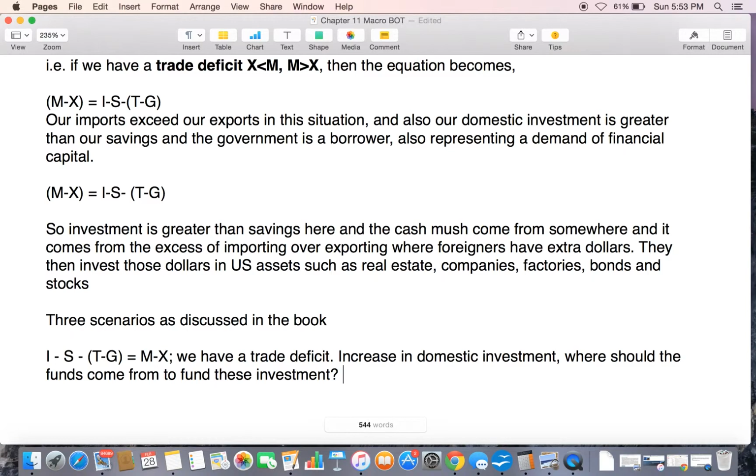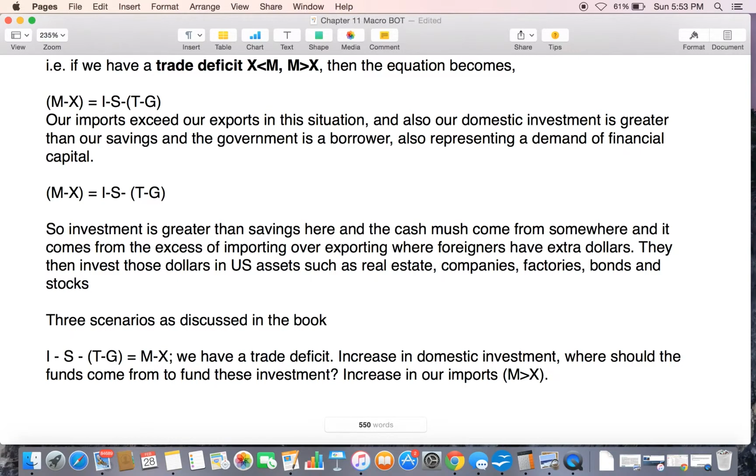So where we're going to see this happen is we're going to see an increase in our imports. As our imports increase, the difference between m minus x is going to grow.